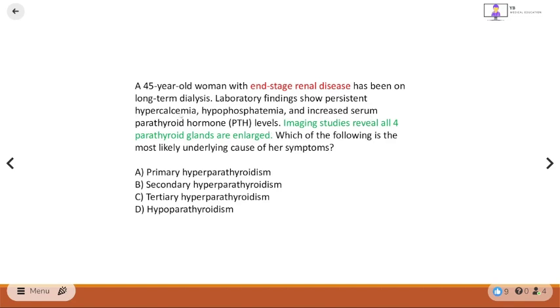As you see here, in secondary hyperparathyroidism you still have hypocalcemia, but here the parathyroid glands went rogue, they have very, very high levels of parathyroid hormone that led to hypercalcemia and hypophosphatemia. Imaging studies reveal all 4 parathyroid glands are enlarged because of the effect of tertiary hyperparathyroidism. Which of the following is the most likely underlying cause? This is tertiary hyperparathyroidism because of the hyperplasia, the going rogue of the glands.